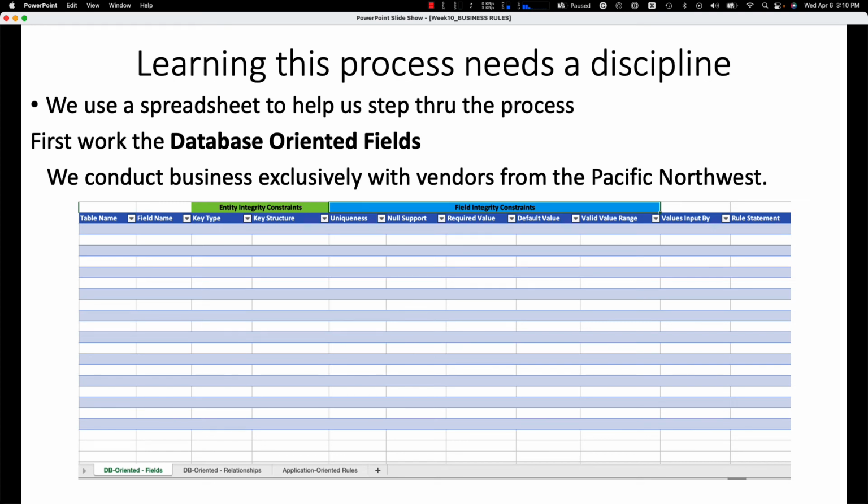It's not a valid range because we have a finite set that we can have. It's not really a number. The values will be input by the person creating the vendor record. And the rule statement would be, we conduct business exclusively in the Pacific Northwest. And then you repeat that for every table, and every field in every table in your database.